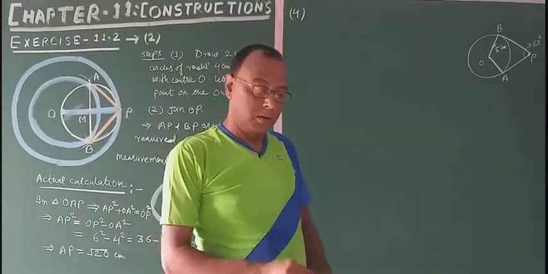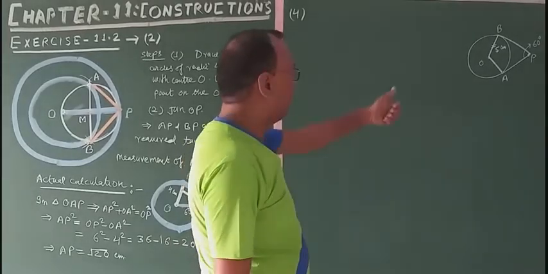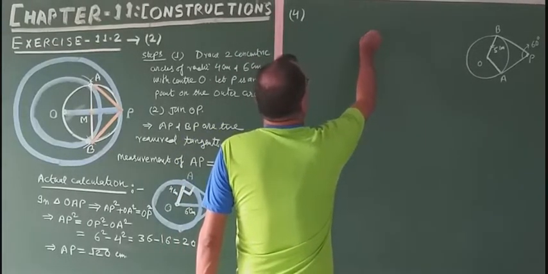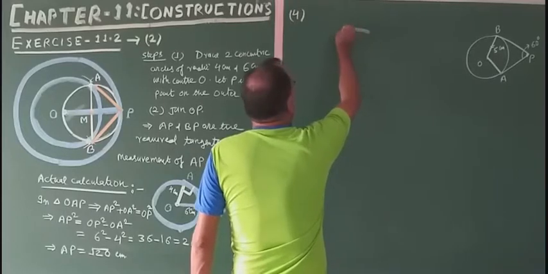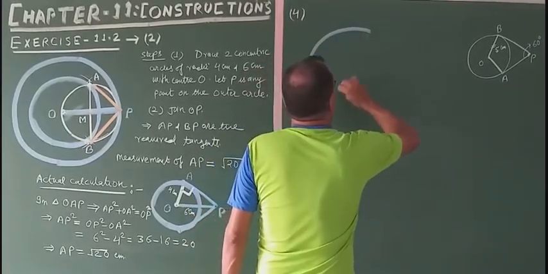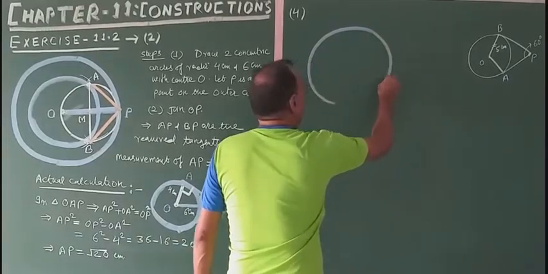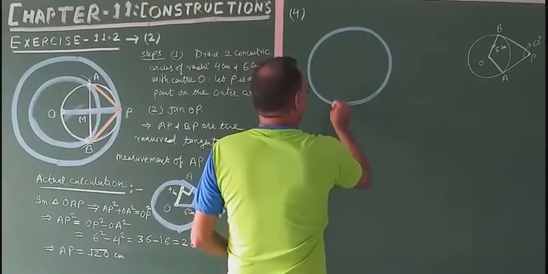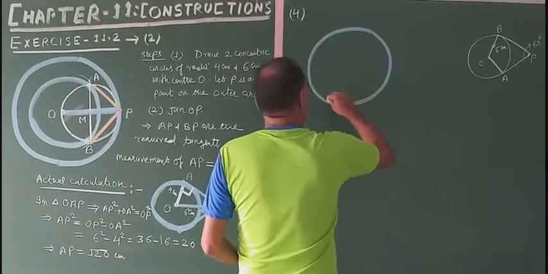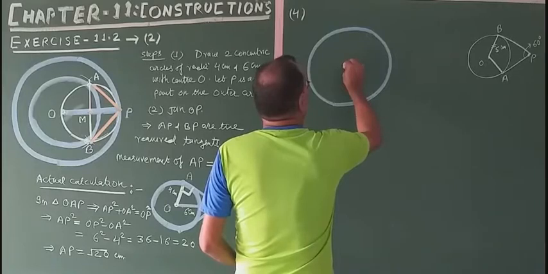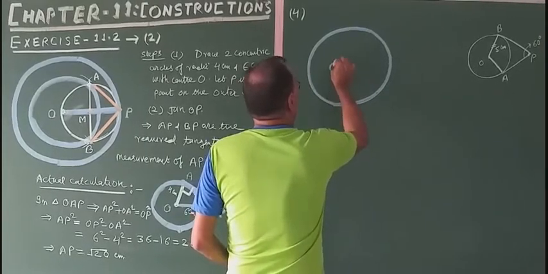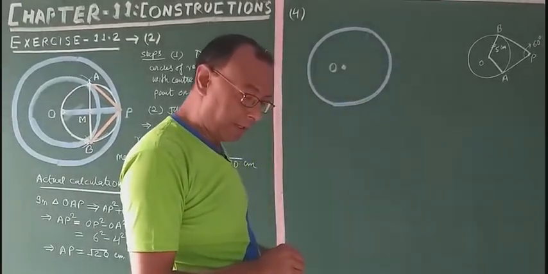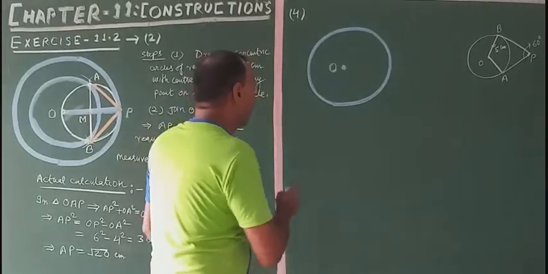So now how will we do this question? First we will draw the circle of radius 5 centimeter. So what is the first step?